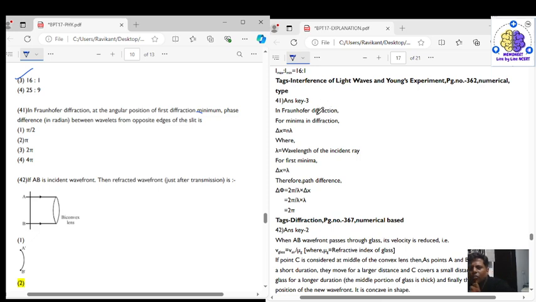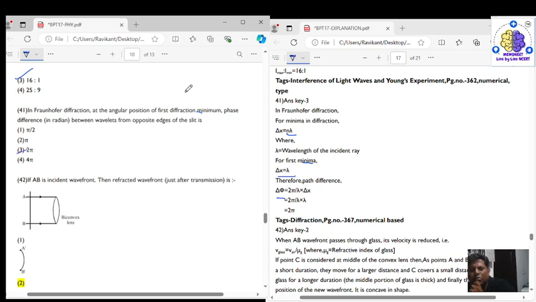Now in Fraunhofer's experiment, for minima, delta x should be equals to n lambda, right? Because it's first minima, delta x is equals to lambda. Delta phi is equals to 2 pi by lambda into delta x. So your phi becomes 2 pi. The phase difference is equals to 2 pi. So the correct answer for this question number 41 is option 3, that is 2 pi, right?